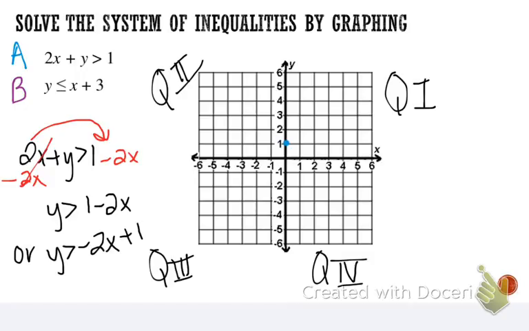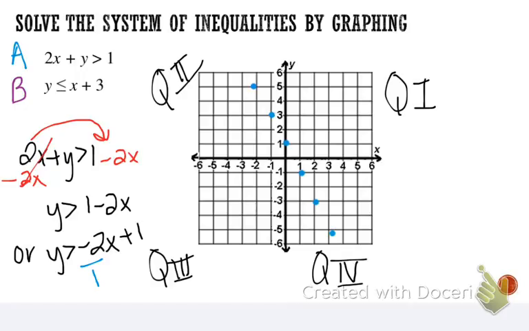And the slope says you're going to go up 2 units or down, whichever one, but you're going to run 1 unit only. So I'm going to go down 2 units, go to the right 1, or go up 2 units and go to the left 1.